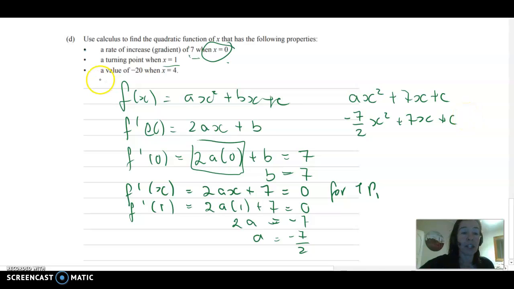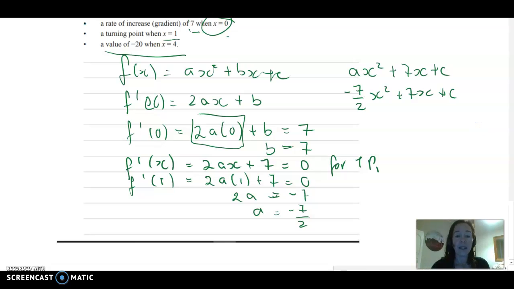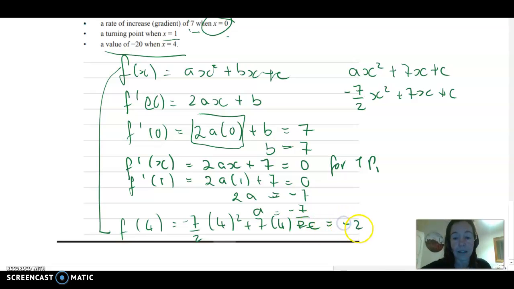And the last information is actually just information about the original quadratic equation, about f of x. It has a value of negative 20 when x equals 4. So I know that f of 4, going into my original equation, is negative 7 over 2 times 4 squared, plus 7 times 4 plus some c, is equal to negative 20.